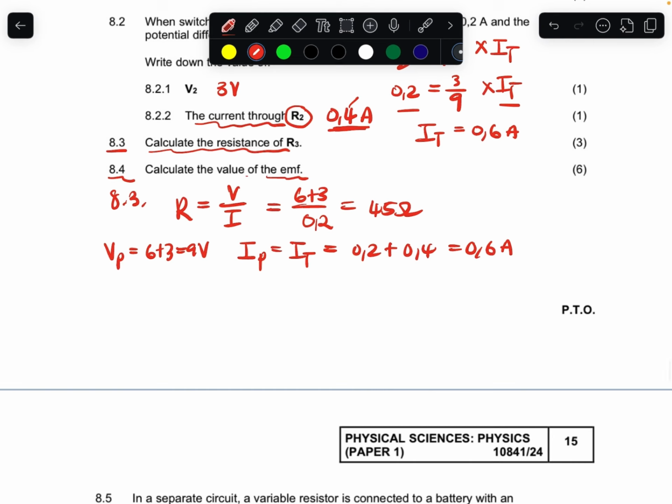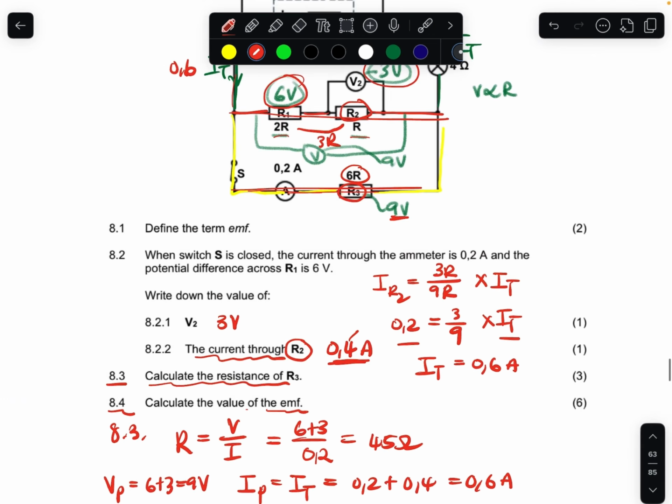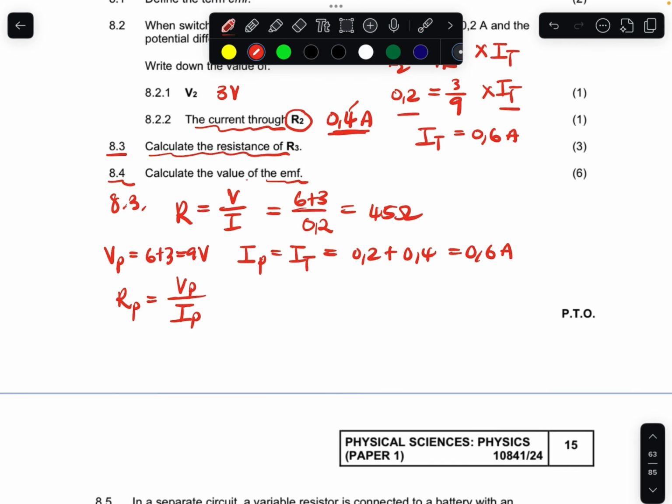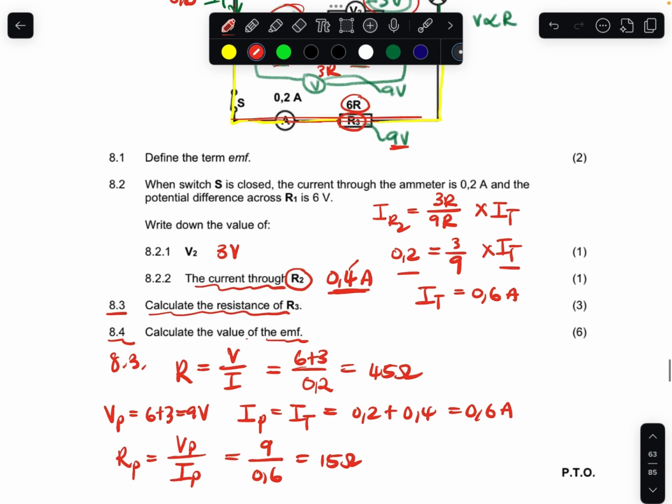Now from getting that, we can calculate the RP. R parallel is equal to V parallel divided by I parallel, which is the current that moves in the parallel. The current that moves here in the parallel is the total, which is the 0.4 and the 0.2 in combination. So we can say 9 divided by 0.6, which is going to be what? 15, now we have the resistance in parallel, right?